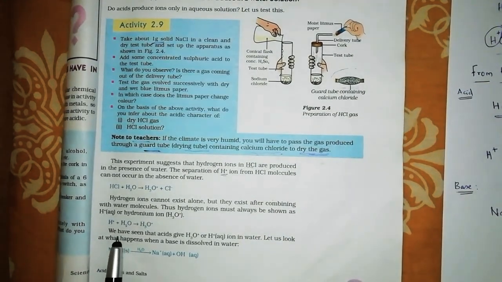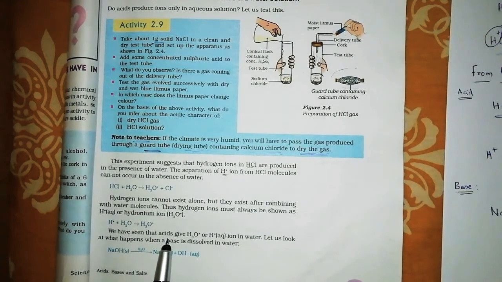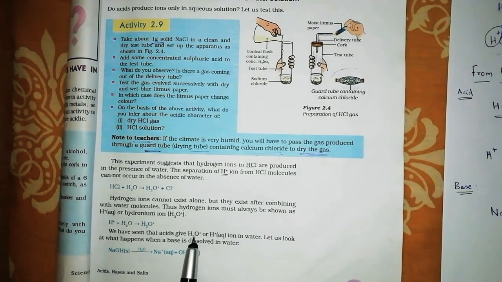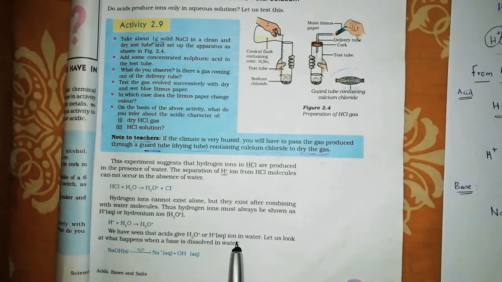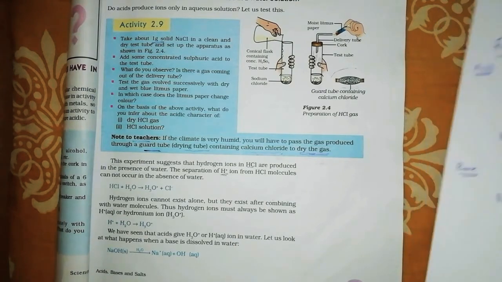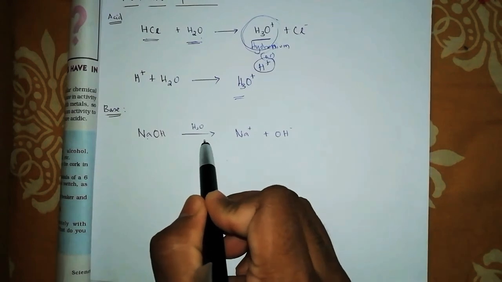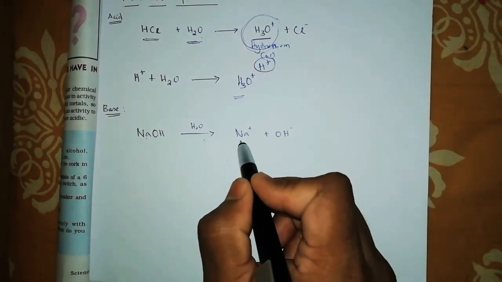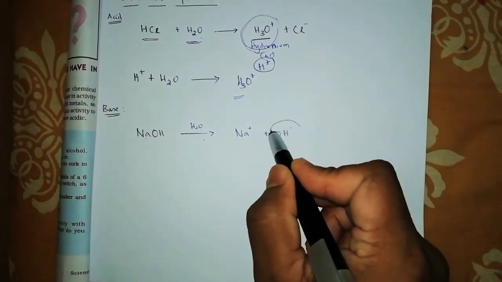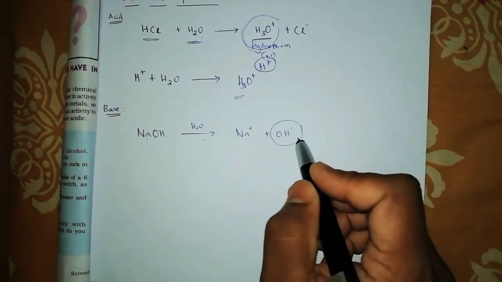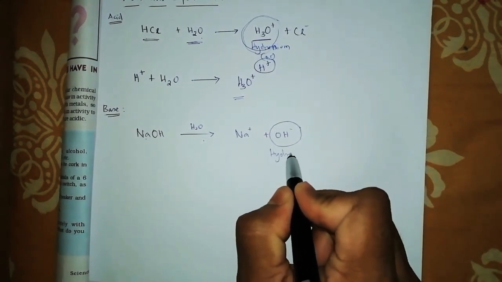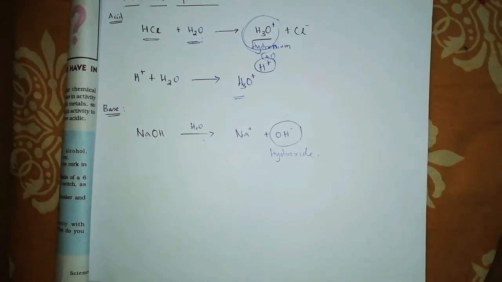Yes. We have seen that an acid gives hydronium ions or H plus aqueous ions in water. What happens when a base is dissolved in water? That is what we are going to learn here. When dissolved in water, it again produces an ion, that means it produces an OH negative ion, that means hydroxide ions.